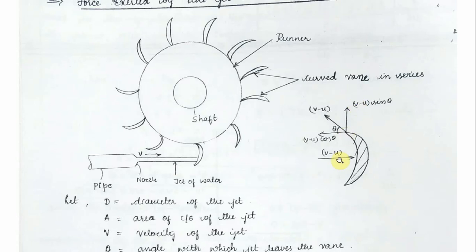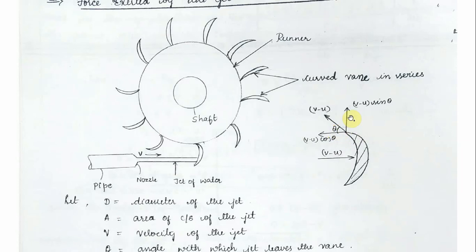In this session it is V minus U. Due to the curve, an inclined line is developed, known as V minus U, at angle theta with respect to the horizontal.